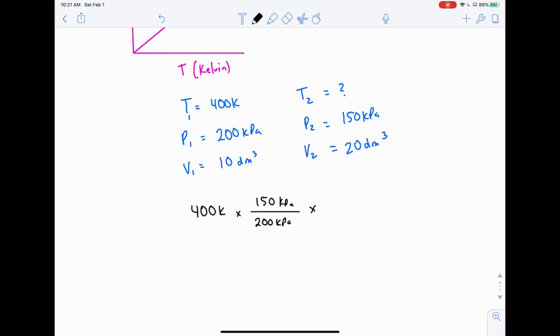What's volume doing here? Increasing, so temperature should increase as well. So you're going to multiply by volume so that your number gets bigger. So what is it? 20 over 10. That's it. And that always works. As long as you understand what's happening relationship-wise, this always works.